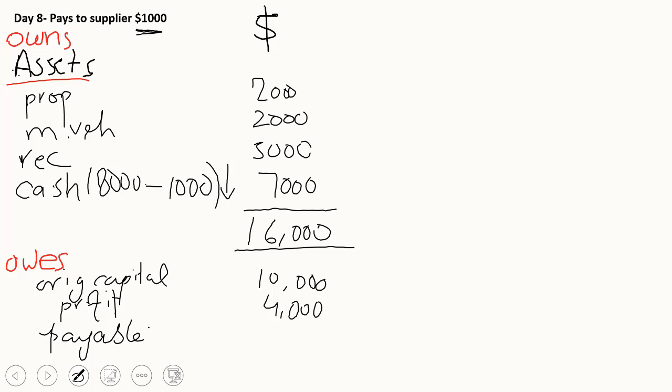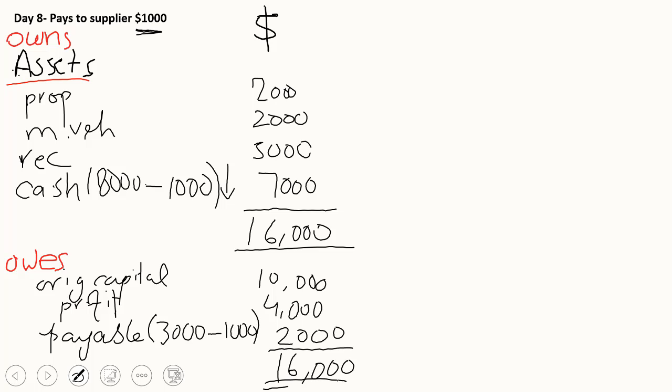Business owed 3,000 before, but now what has happened? Business has paid 1,000 out of it, so now it has to pay only 2,000 in future. So 16,000 in total, and this amount will be equal to this amount. And so the dual effect is that cash has decreased by 1,000 and payables has also decreased by 1,000.